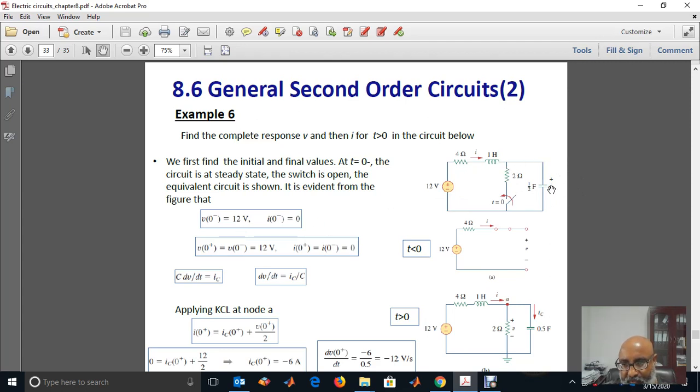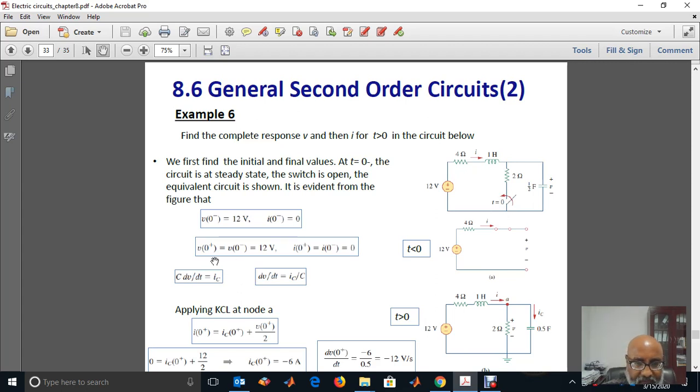No current flows through the capacitor, so the source voltage 12 volt will be the capacitor voltage. What about the current I at 0 minus? It is 0. Why? Because again the inductor is short and the capacitor is open, and of course this was open before.